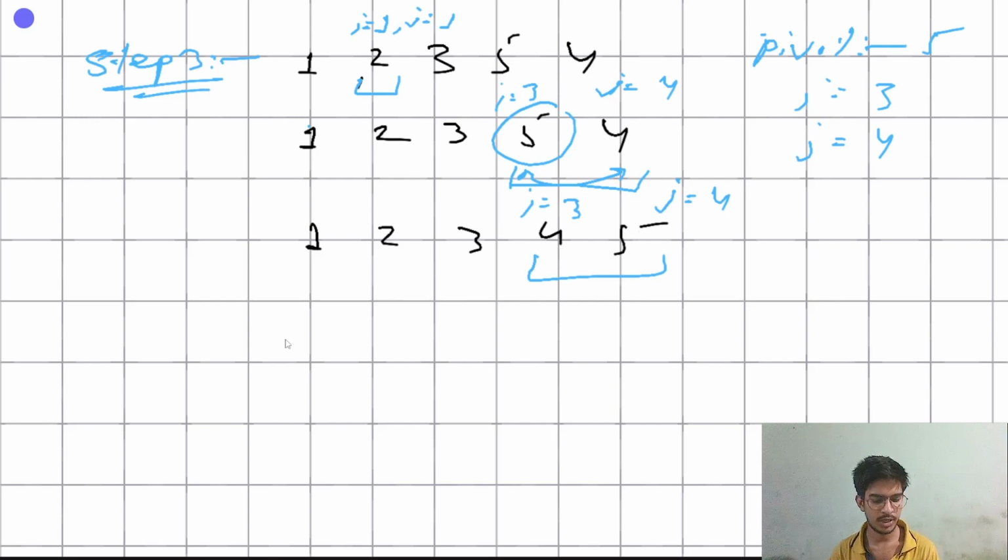That means it will become 1 2 3 4 and 5, and i equal to 3 and j equal to 3.